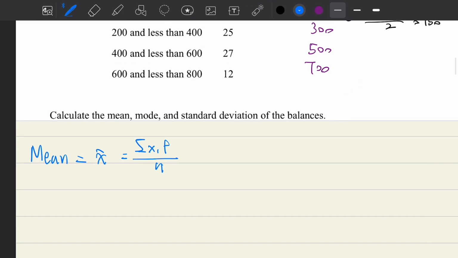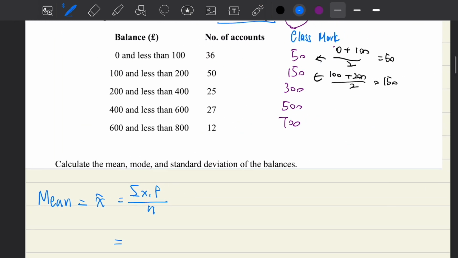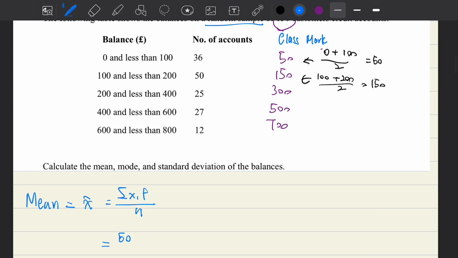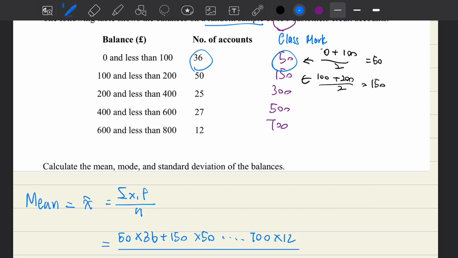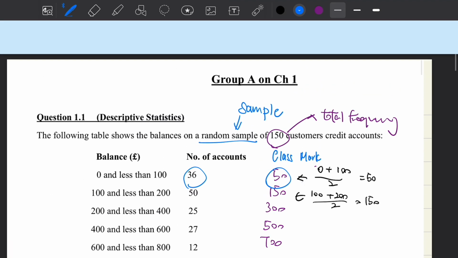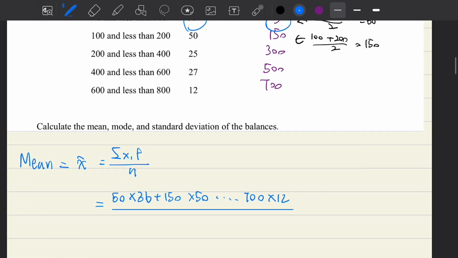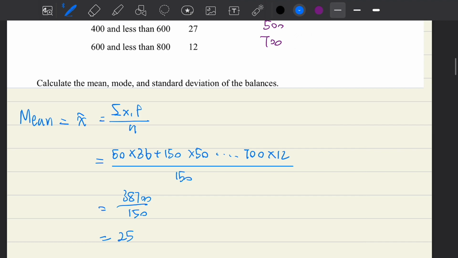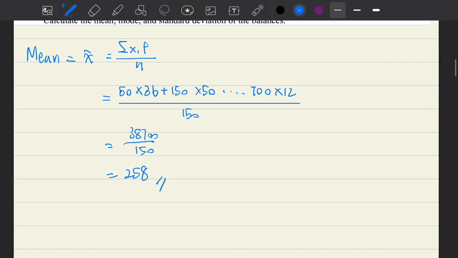So in this question, the class mark is 50, and we need to times 36. 150 times 50, 700 times 12. And in the lower part, we put the total frequency, which is 150. So the mean of this question should be 258.